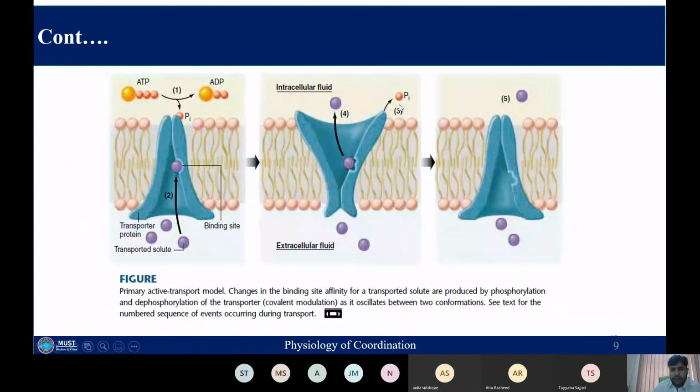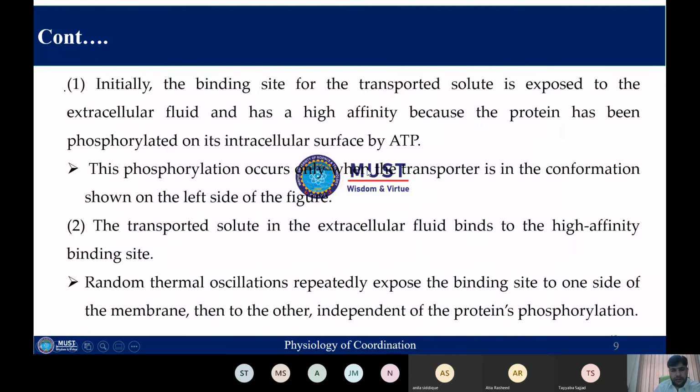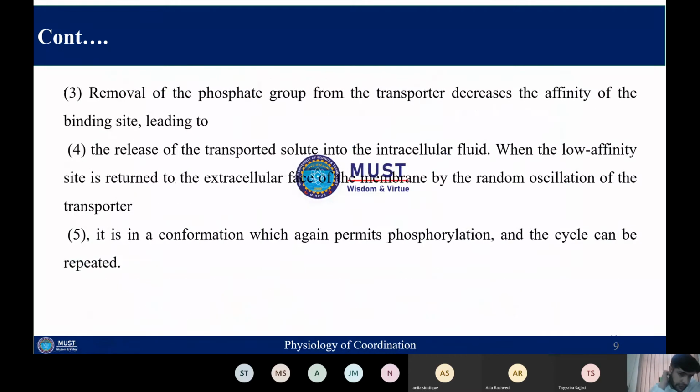Now when the phosphate is removed, it means the affinity for binding of this solute to this carrier protein has decreased, and ultimately this solute particle will be transferred to the intracellular side of the cell, and it is basically a conformational change which will again permit the phosphorylation, and hence the cycle will be repeated.